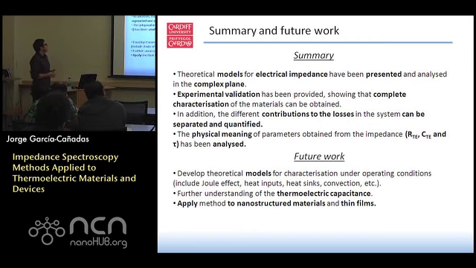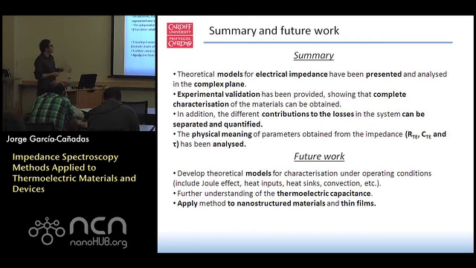So as a summary, I have shown theoretical models for electrical impedance and I've presented the analysis in the complex plane, with different trends shown. Also, I have validated the models experimentally, and I've shown the potential to provide a complete characterization of the thermoelectric materials, as well as the possibility to separate and quantify all the contributions to the losses of the system.